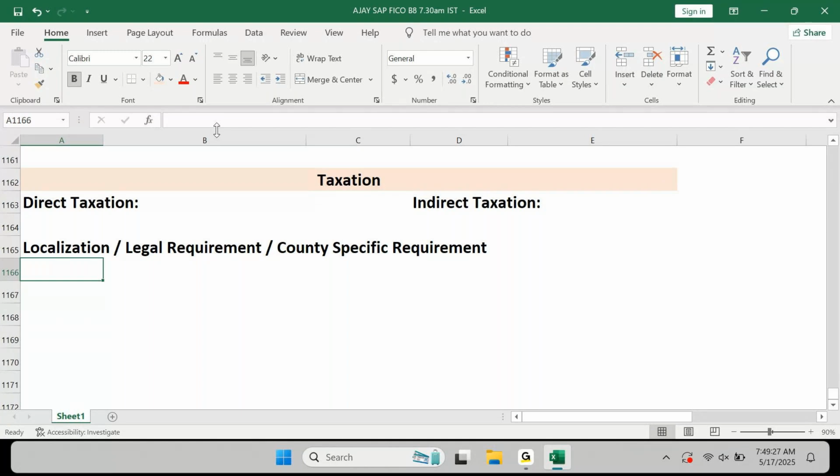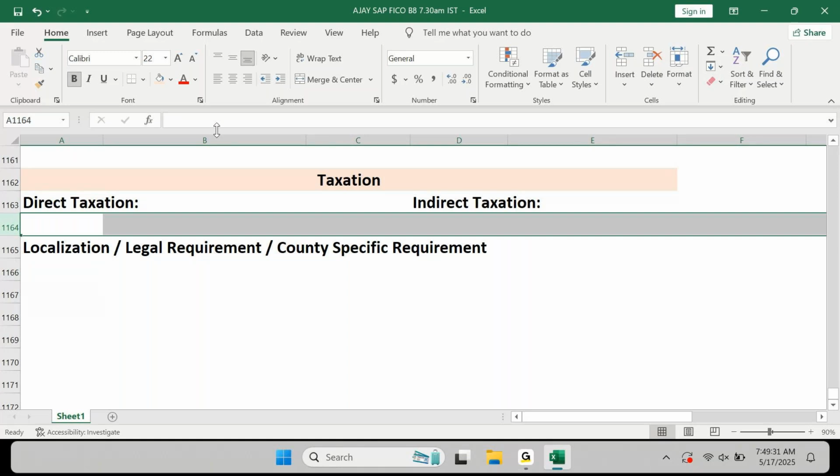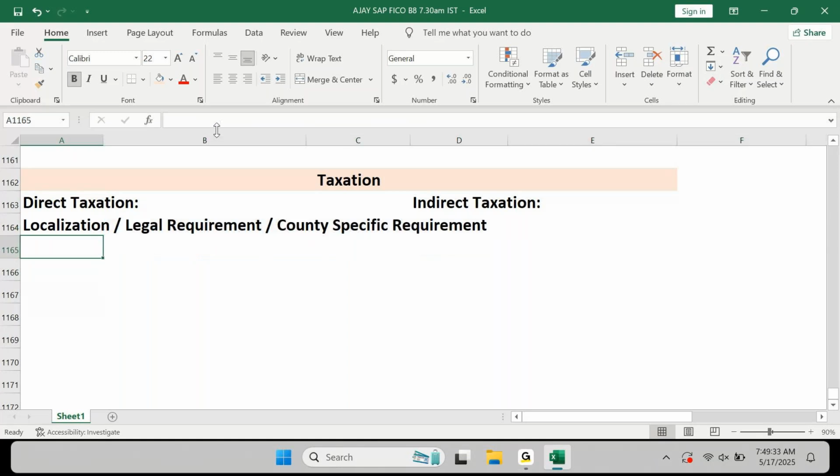Yes, sir. Okay. Now these three points, once you understand, next come down here. Look at initially what you do. Look at taxation from the accounting point of view. Only once you have understood the taxation from the accounting point of view, look at the country point of view.